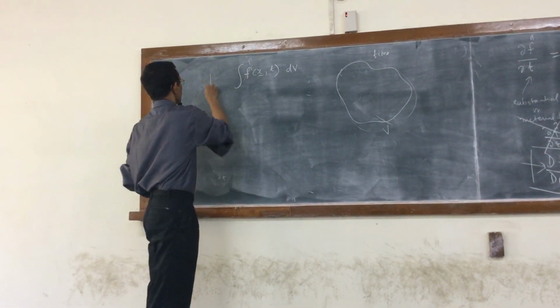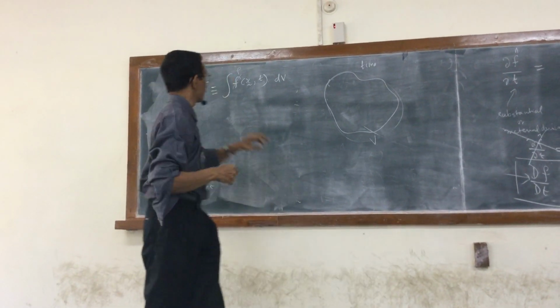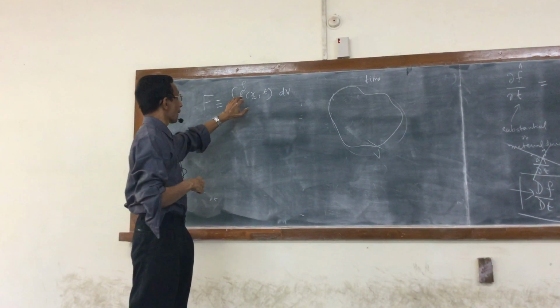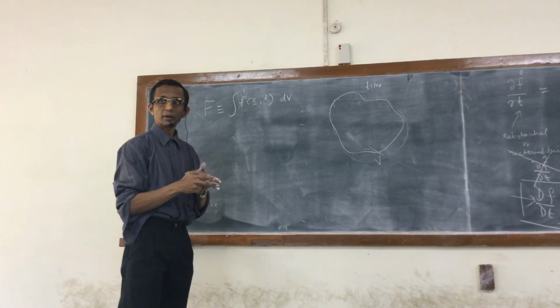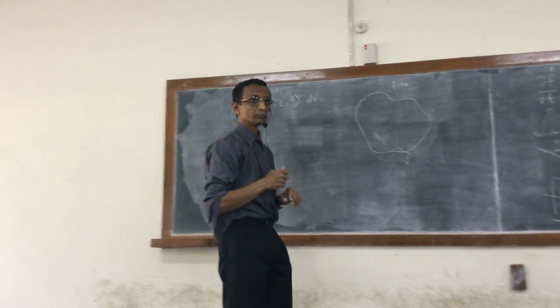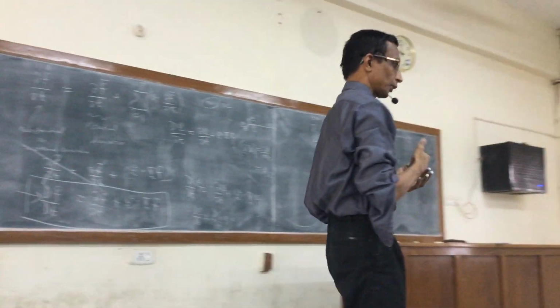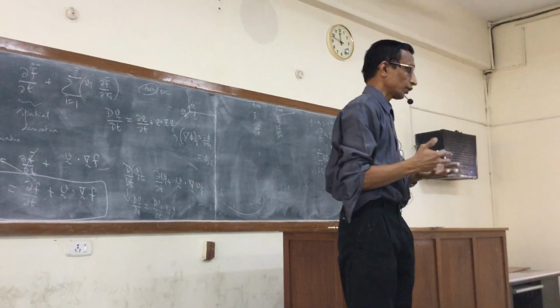I can call this capital F. So if small f were rho, then it would give the mass of the fluid in that region. If I replace it by rho v1, then it will give the first component of the momentum of this body of fluid.